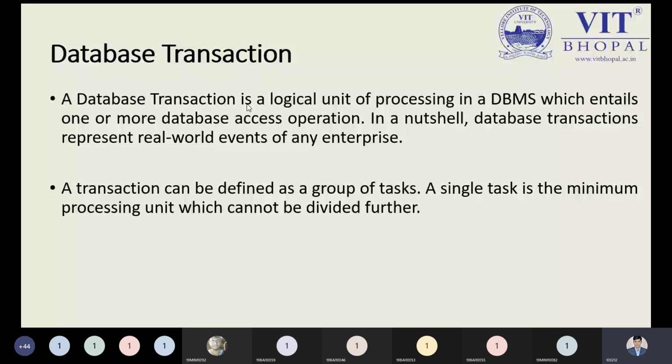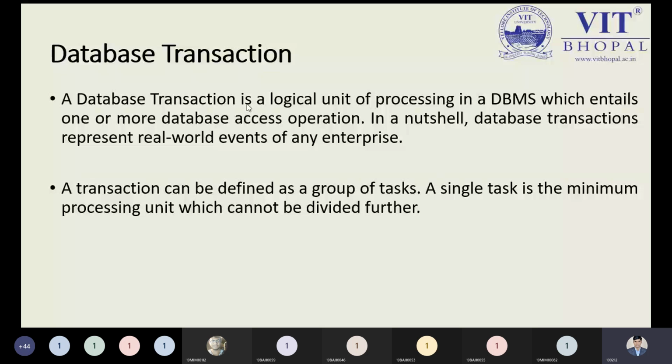So ultimately, as a summarized definition of the database transaction, we can understand that a transaction can be defined as a group of tasks. Now what is meant by a group of tasks? Because in a transaction there could be many operations or sub-operations. Like in a single transaction, I'm reading the account, updating the account, and closing the account.